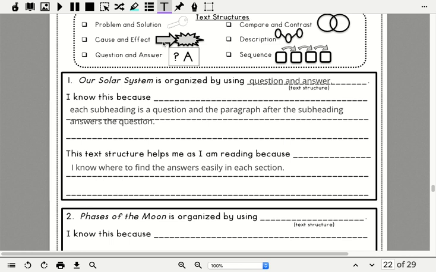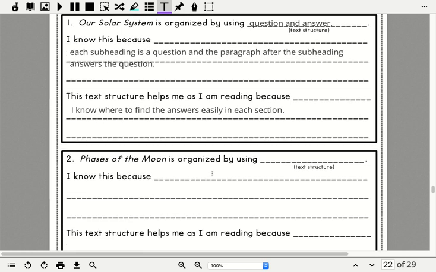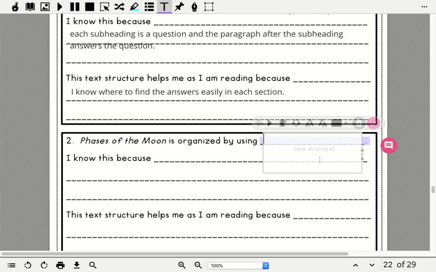There aren't two things that it's comparing, so we can't compare contrast. Description. It does really, really describe the phases of the moon, so that's a possibility. And then it says sequence. What I like about sequence is that we just did a paper called Sequence for this passage. So of course, sequence makes the most sense. First this happened, then this happened, next this happened, later this happened. So we're going to put sequence.